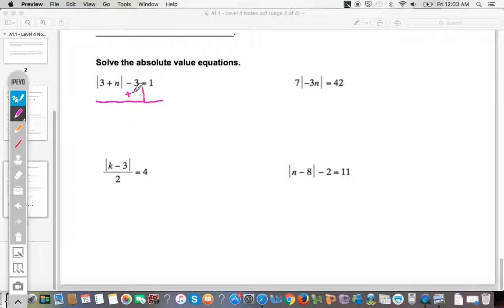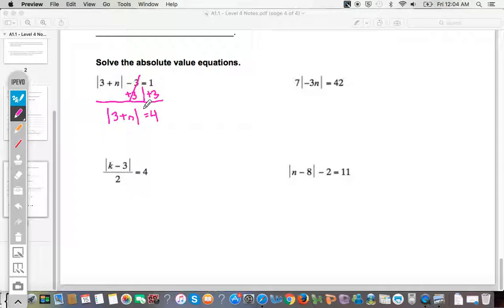I can add 3 on this side and add 3 on this side. So -3 plus 3 cancels out. So I'm left with the absolute value of 3 plus n equals 4. Okay, so my absolute value expression is by itself.